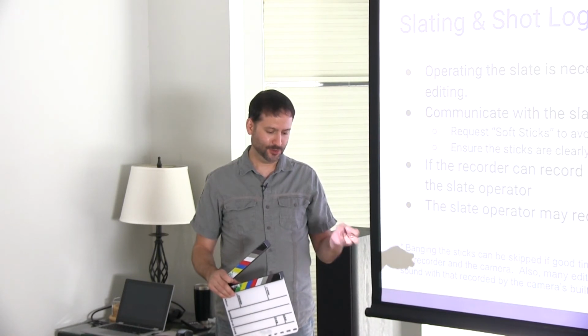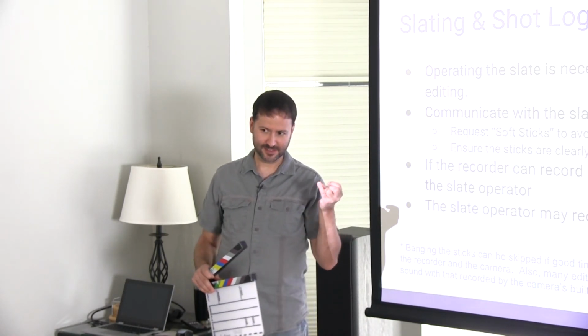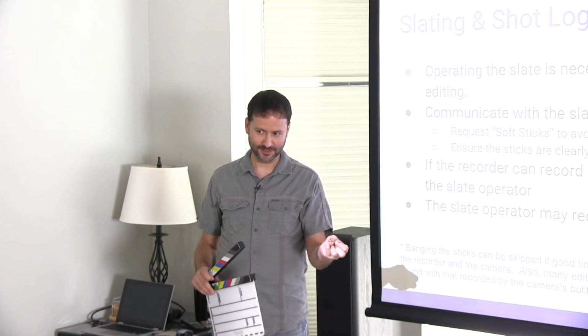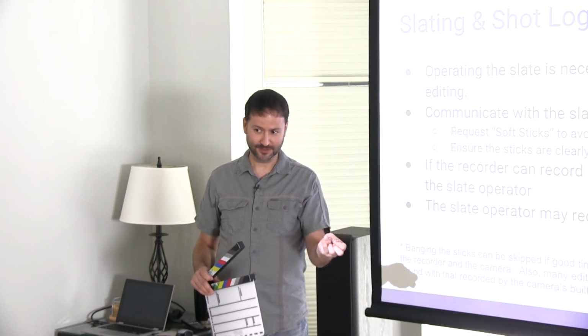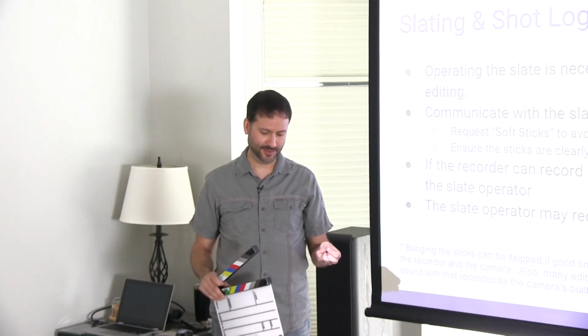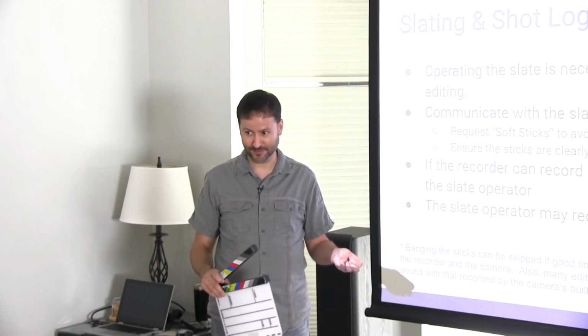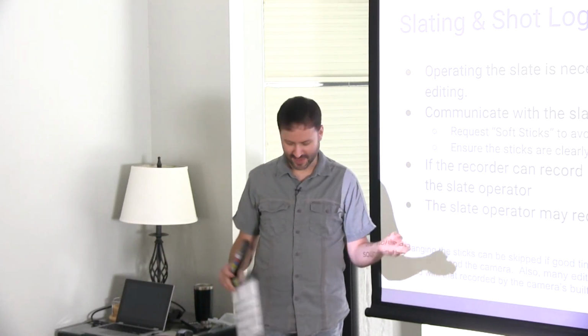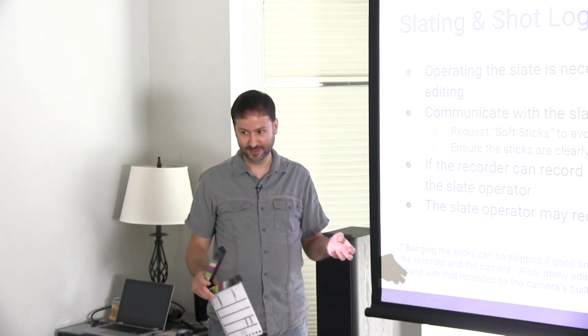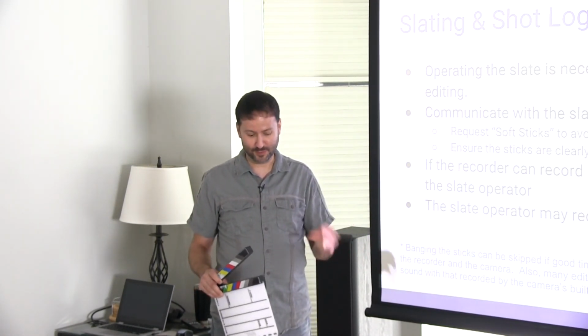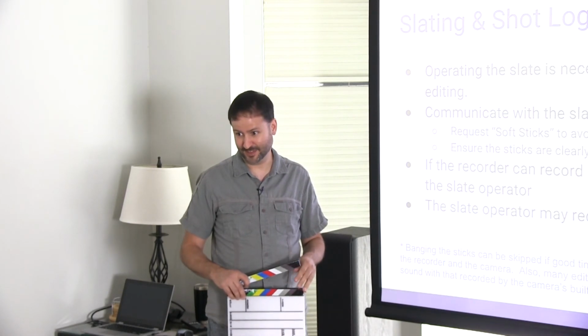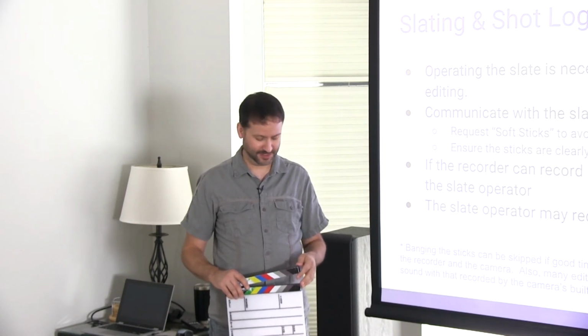And then it's normal to tell the sound recordist to roll sound before the camera, and that's because in the old days tape was cheaper than film. And today audio is smaller in size than the video is, so it still makes sense.